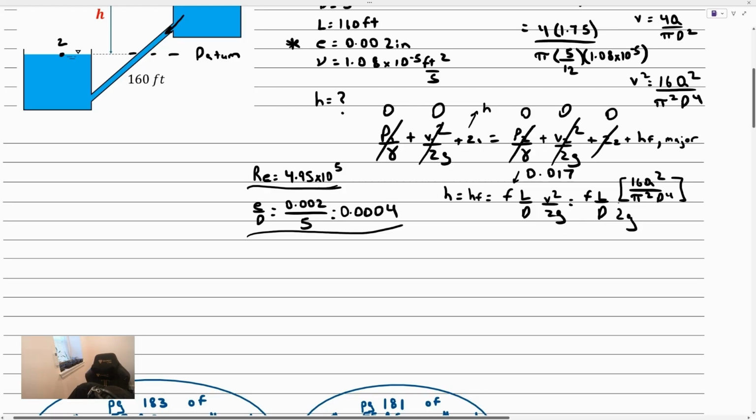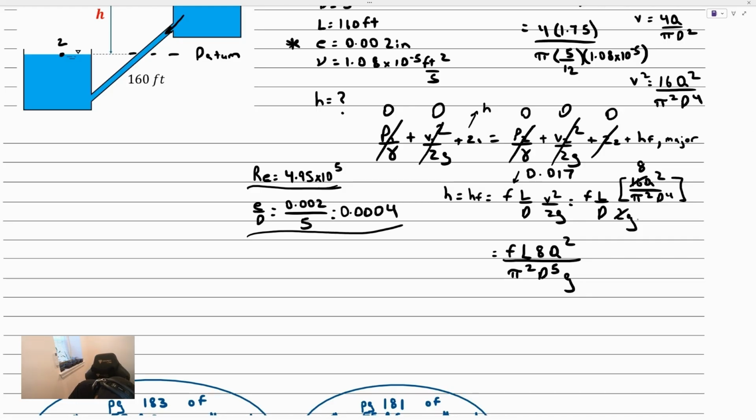Let's make some simplifications. We have f, L, and a 16 and a 2 here, which cancel to make an 8. We have a d to the fifth. Let's make sure this is correct: 8f L, there's a q squared in the numerator, d to the fifth in the denominator, pi squared and g. Okay.